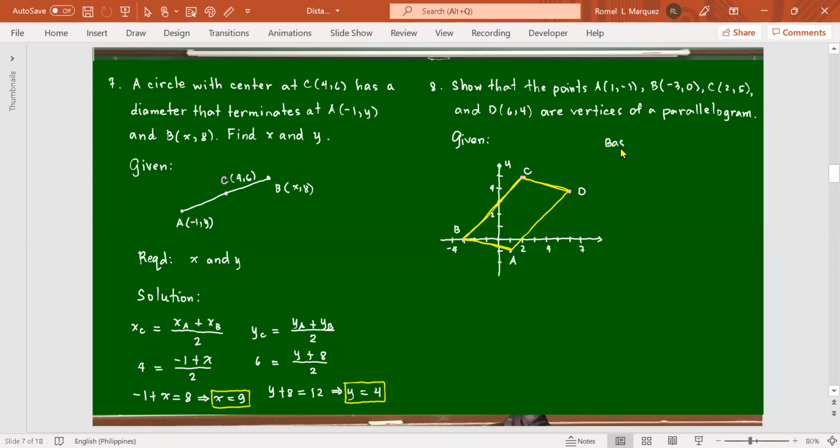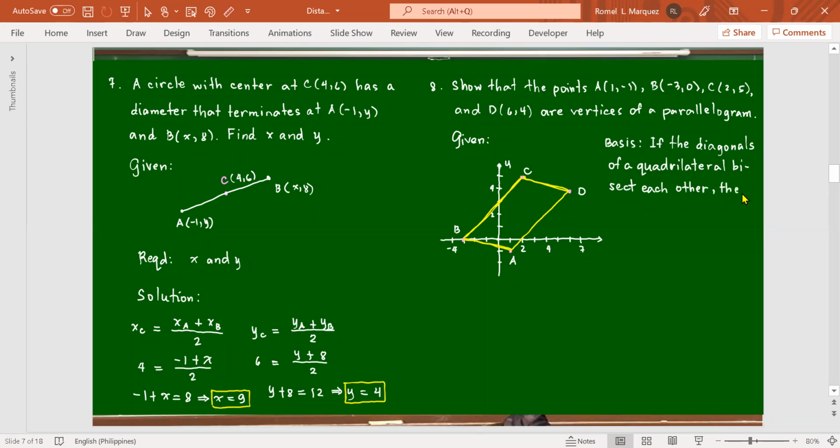What will be the basis, guys? If there is a theorem, if the diagonals of a quadrilateral bisect each other, when you say bisect each other, it means they have a common midpoint, no?